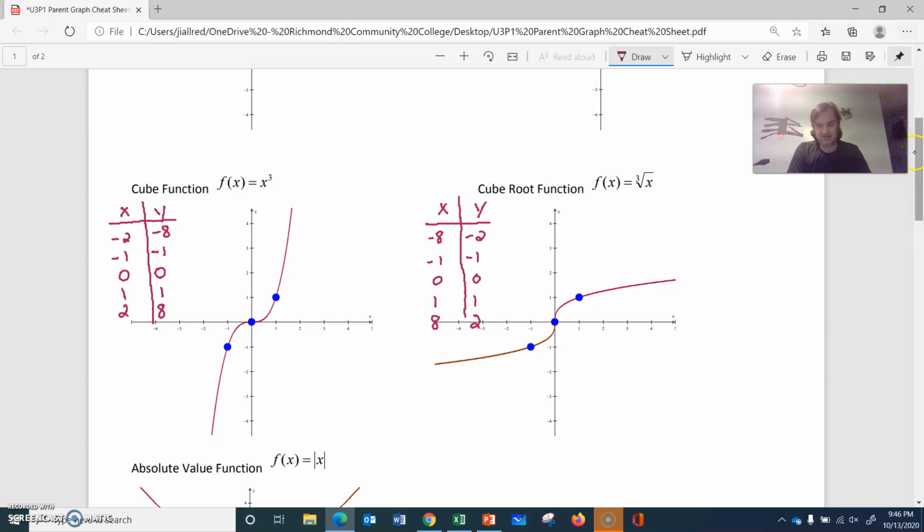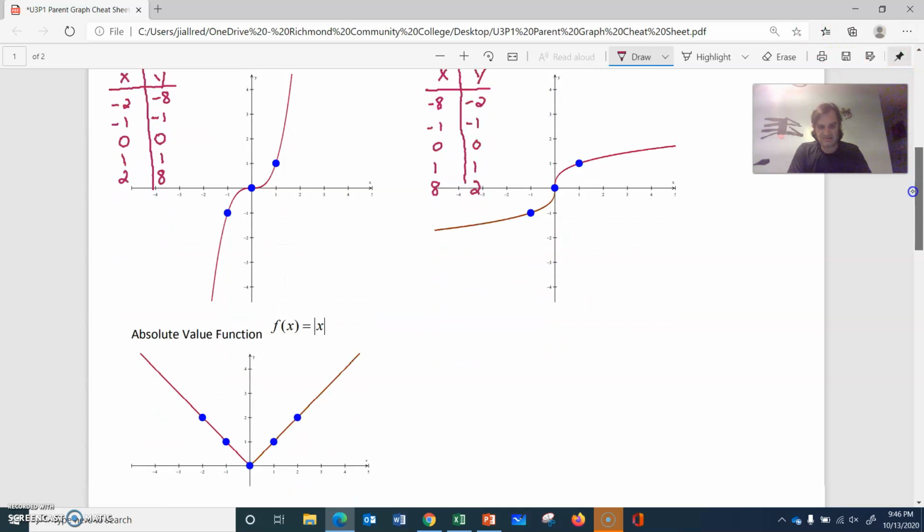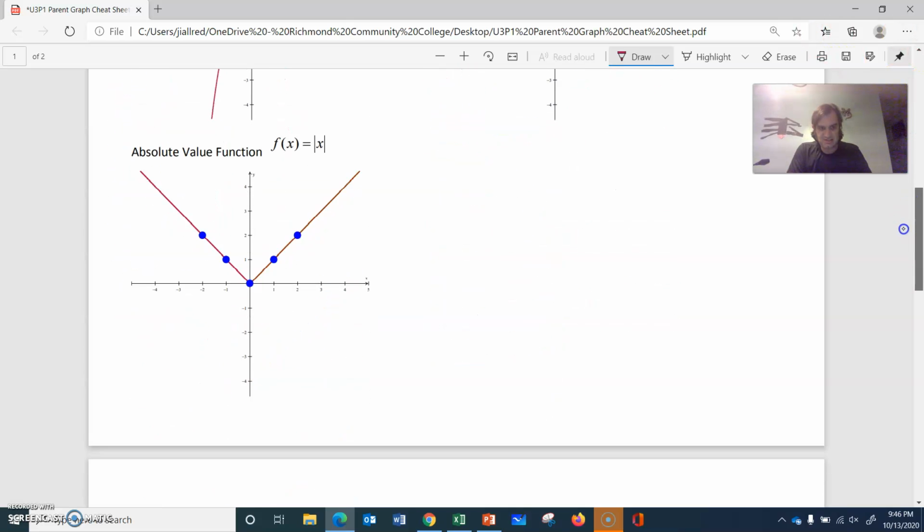So the last one I want to do down at the bottom is the absolute value function, absolute value of x. I'll make a little chart here, plug in some x's, get out some y's. Know that the absolute value makes things positive. So I can plug in -2, and the absolute value of that is +2.